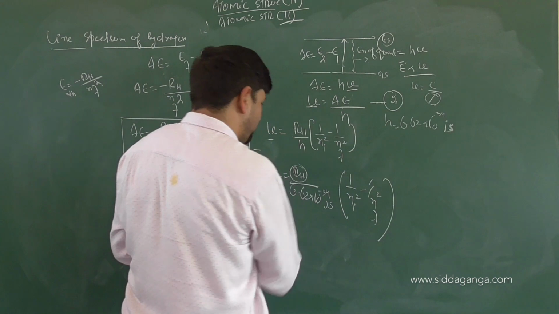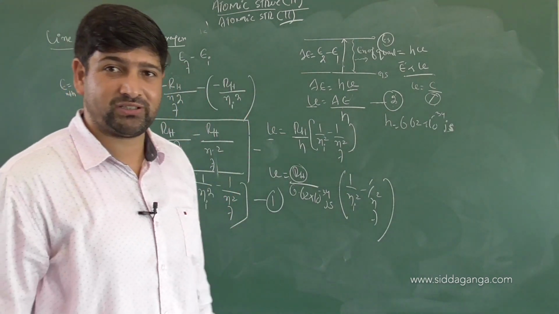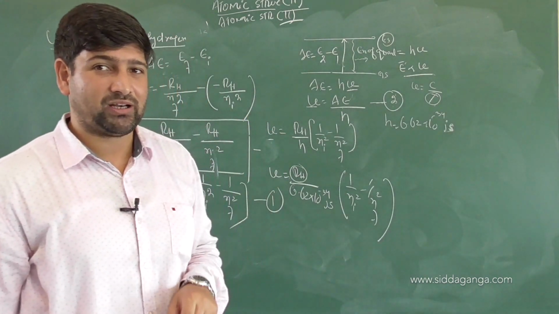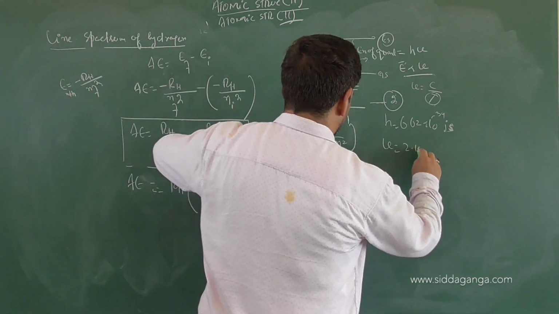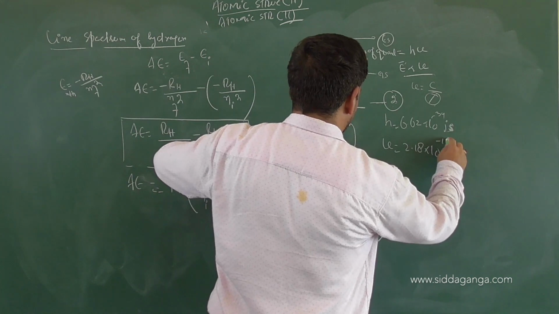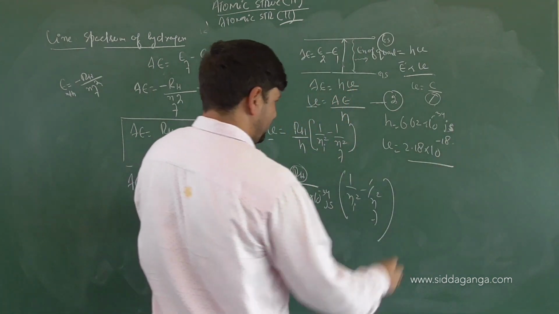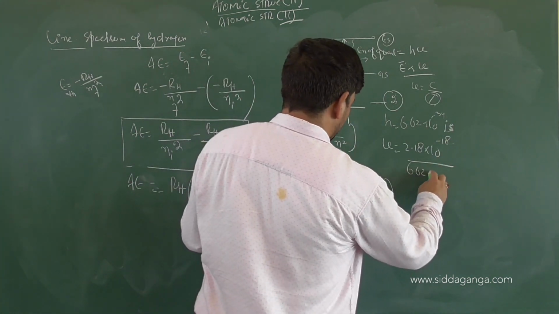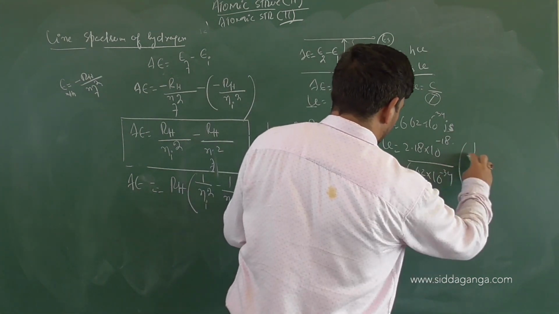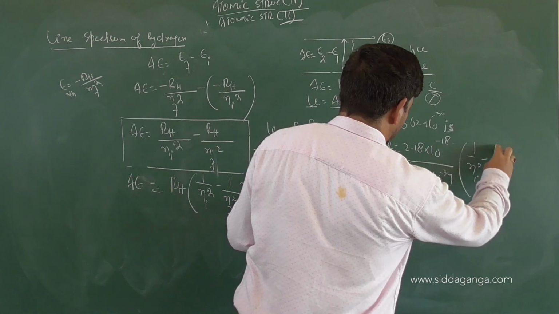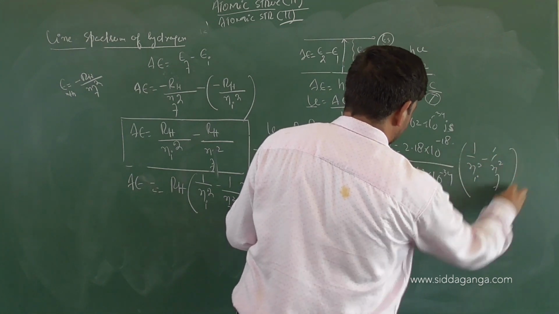Now tell me children, what's the value of R_H? Already we know, 2.18 into 10 to the power minus 18. So use the value. Nu equals 2.18 into 10 to the power minus 18 divided by 6.62 into 10 to the power minus 34 into 1 by n initial square minus 1 by n final square.